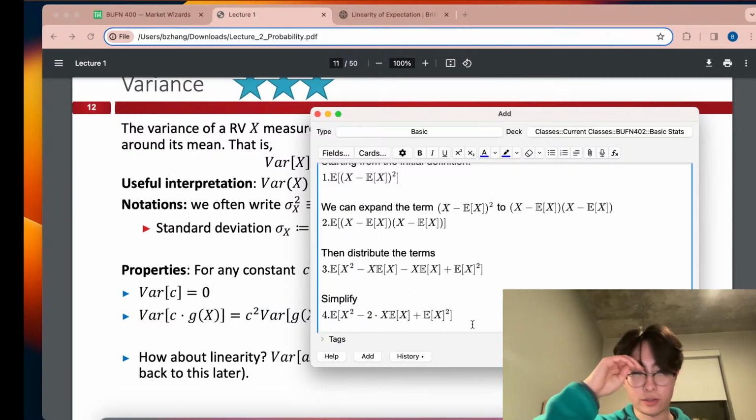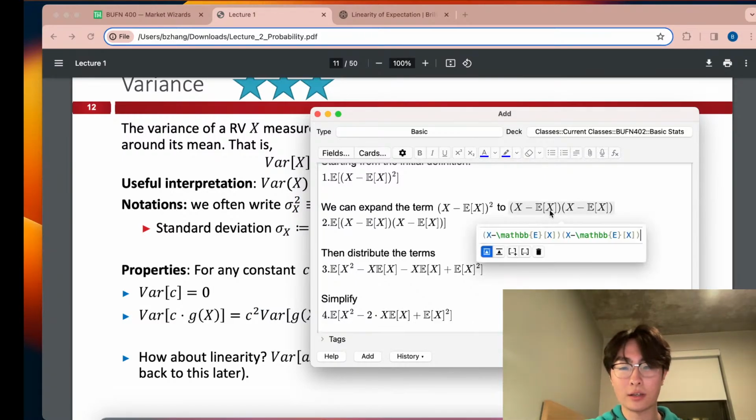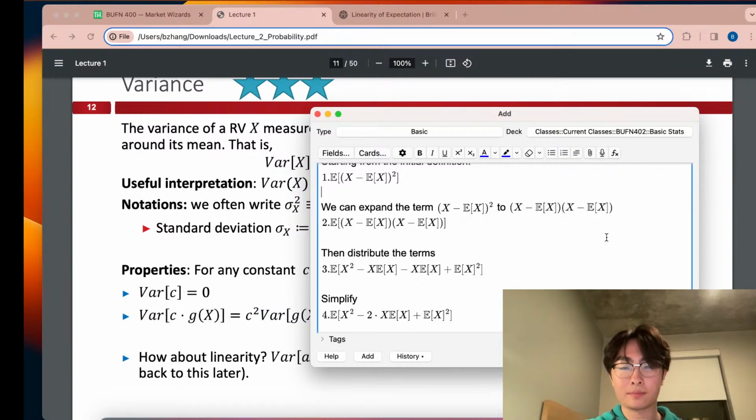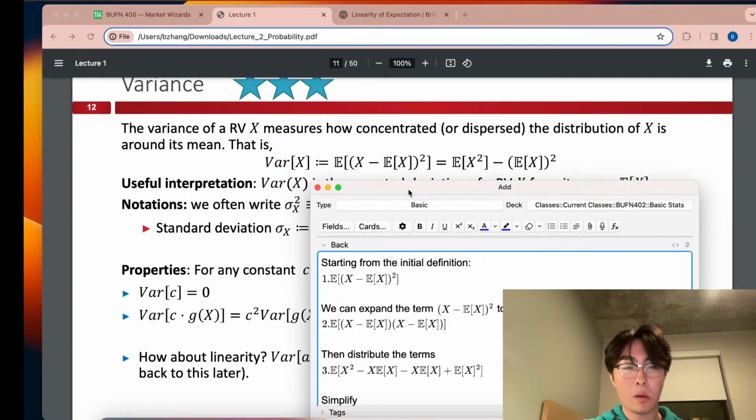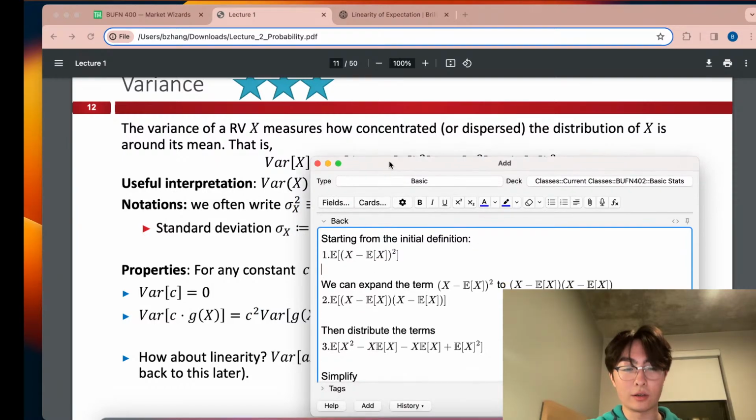Let's see where the calculation went wrong here. So we have x minus the expectation of x, so we have our initial definition here.